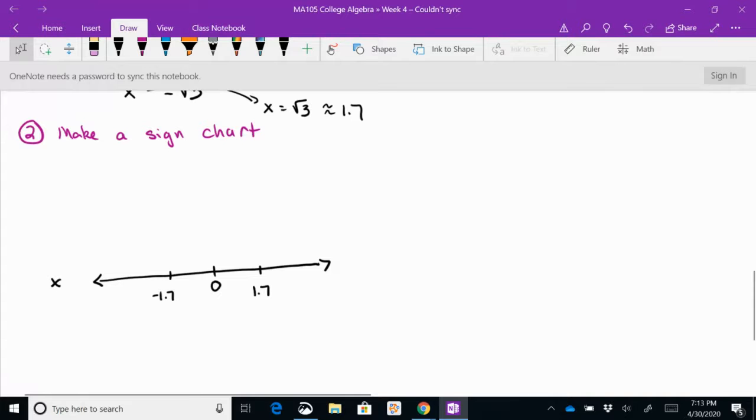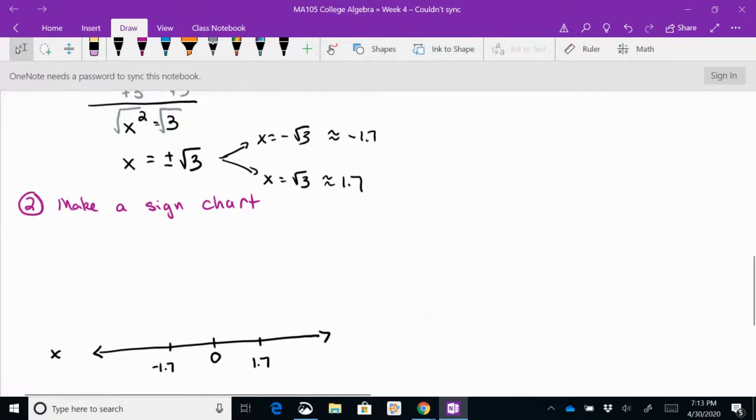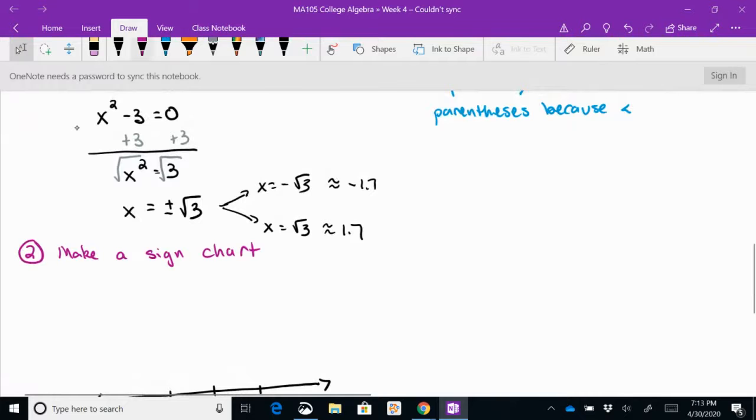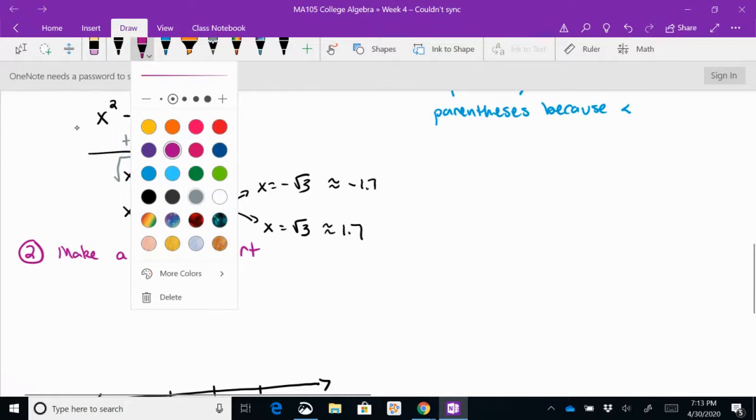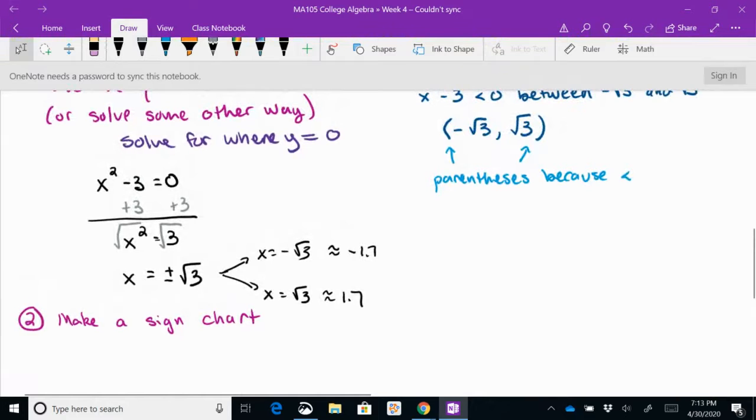Now the next step is we want to indicate our breakpoints. Our breakpoints are at these values that we solved for. We draw vertical lines there. We draw a solid line if it's a less than or equal to or a greater than or equal to, or a dashed line if it's less than or greater than.